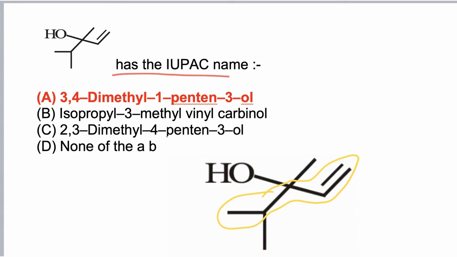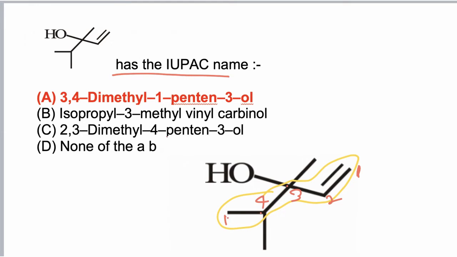So if we start numbering from this carbon, the functional group is present at the 3rd position. If we start numbering from the right direction, again the principal functional group is present at the 3rd position. So now we have to check the position of the multiple bond. So from the right side, the multiple bond is present at the first position. So in this question, numbering has to be done from the right direction.